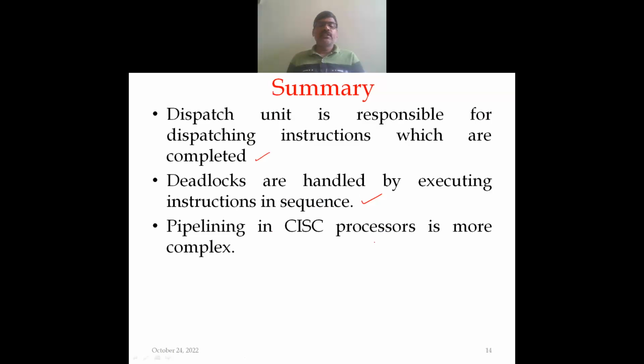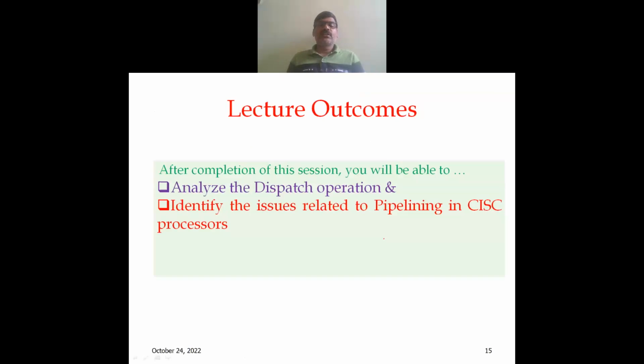Pipelining in CISC processors is more complex, so two possible implementations are available, which we have seen: one example is the Intel processors, and another example is the ColdFire processors, in which pipelining in CISC processors is implemented.